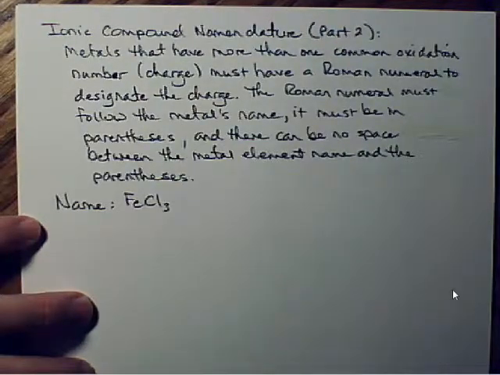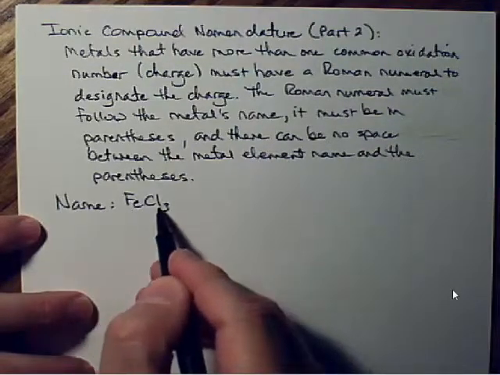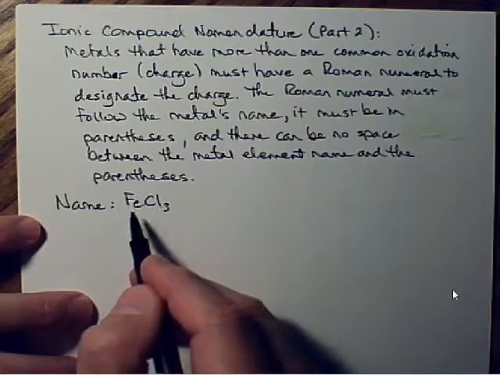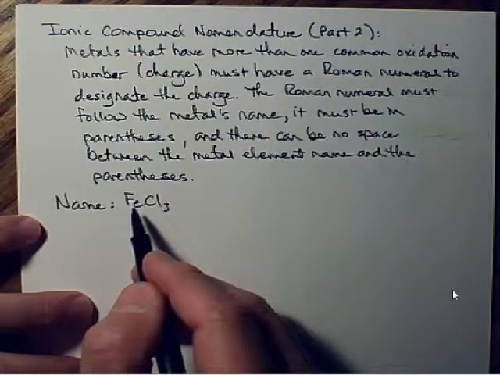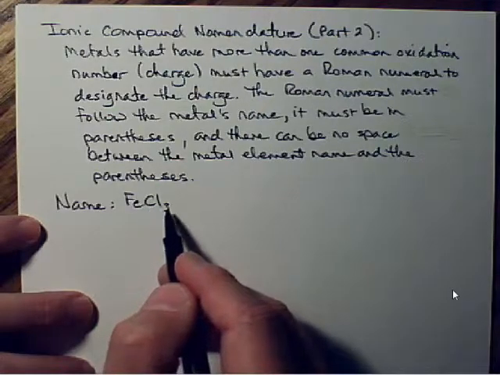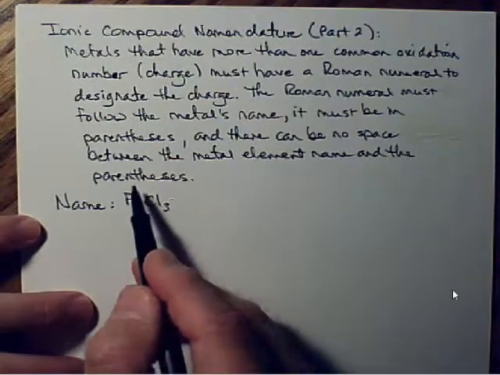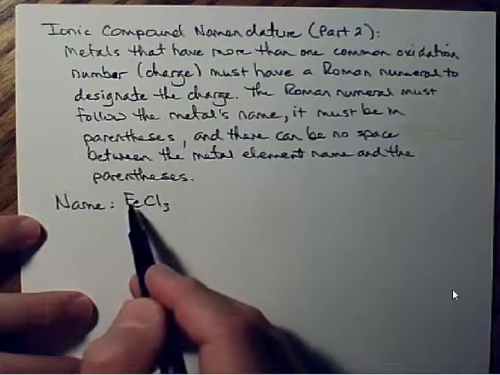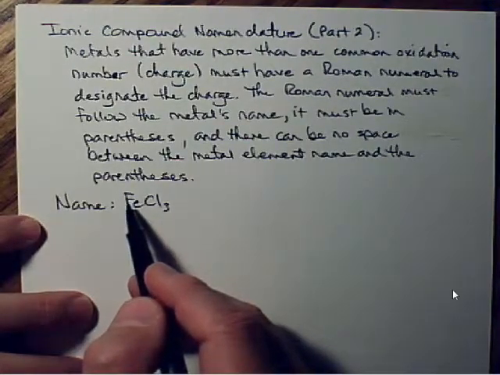It can either have a 3+ charge, or it can have a 2+ charge. The common oxidation numbers of iron are 3+ and 2+. In this case, we need to be able to figure out which oxidation or charge number this iron has. To figure that out, we're going to look at the chlorine. Chlorines have a 1 negative charge. I have 3 of them. So that this compound can be neutral, the iron must have a 3+ charge.